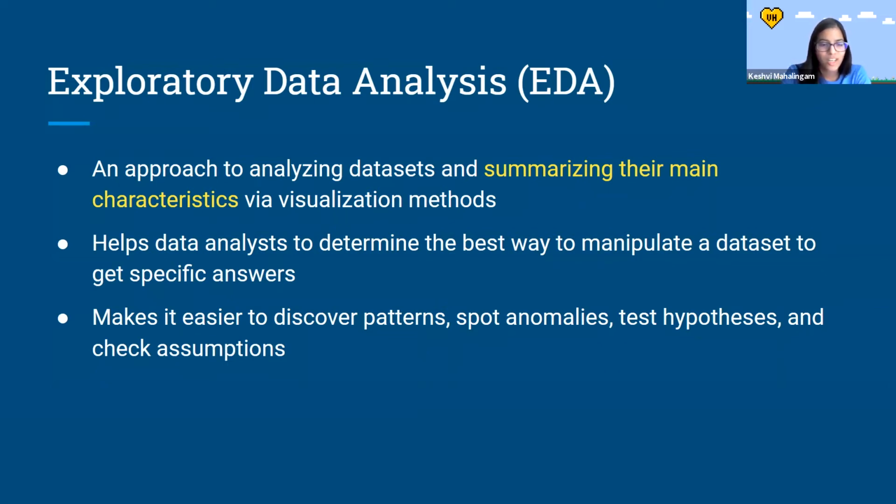So we're talking about summarizing those attributes of your data in this step. EDA really just helps data analysts to determine the best way to manipulate a data set to get the answers that they need. It also makes it easier to discover patterns, spot anomalies, test hypotheses, and check assumptions. So also a really important step.